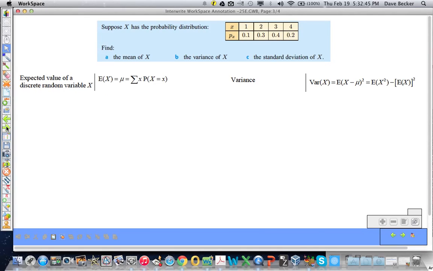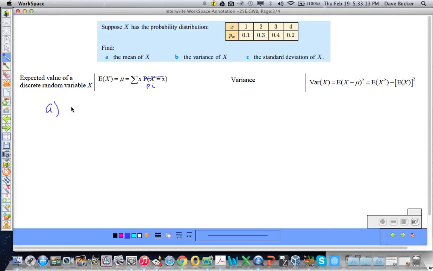So let's do an example. Suppose the random variable x has the probability distribution for x = 1, 2, 3, and 4, with those corresponding probabilities. And here are the formulas as they appear on your formula sheet. So let's find the mean of x. The mean of x is the sum of x sub i times p sub i.